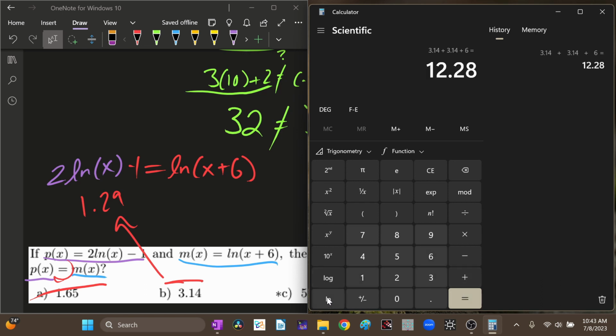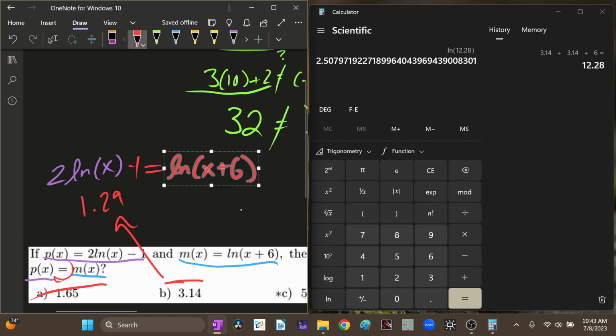So we take ln of 12.28, and we get 2.51. So that is not a match, making choice B not true.